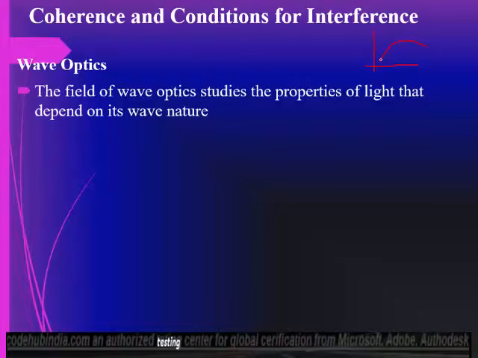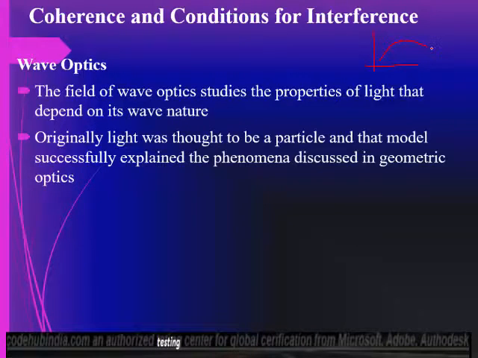Here the rate of increase of y with respect to x is this, and then y starts to decrease from this point. So we are measuring some property of light, like the wave nature.